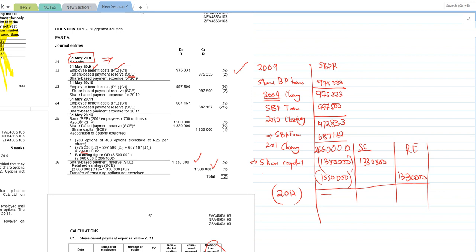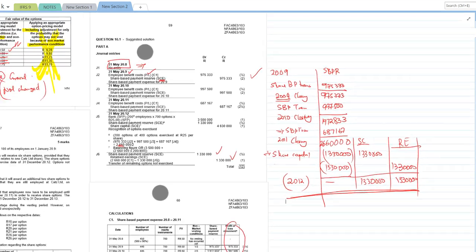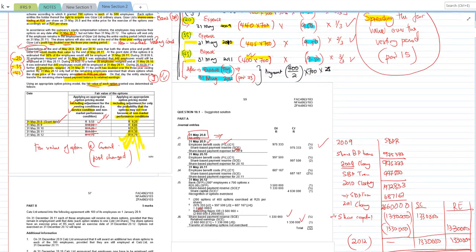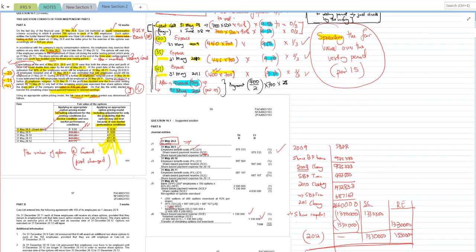So it means we now have 1,330,123. Do you see how we ended up here, guys? So it's very, very important you understand how this whole thing happens. Okay, so these are the principles, and I guarantee you from this first video, you will be able to deal with anything that has got no modification as yet, because we are going to go to the modifications and then we address everything else.